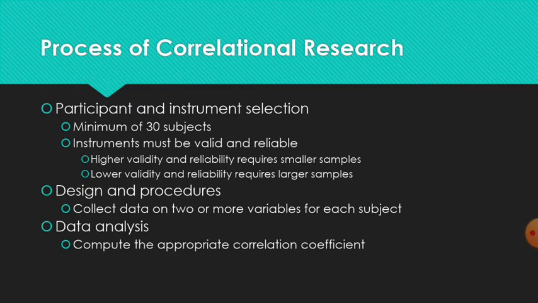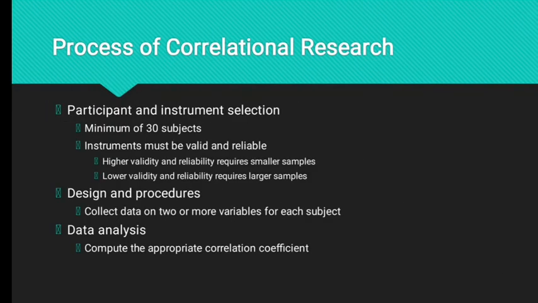The result is expressed as a correlation coefficient that indicates the degree of relationship between the two variables. Some studies investigate more than two variables, and some utilize complex statistical procedures, but the basic design is similar in correlational studies.